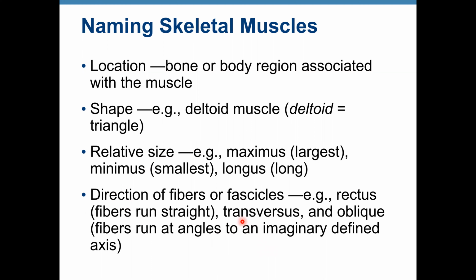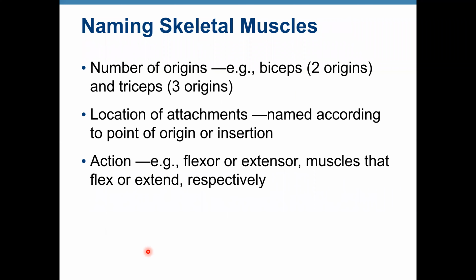Here you can see we use two characteristics: transversus, horizontal, and abdominis, that is location. Oblique muscles, fibers run at angles to an imaginary defined axis, right? So that is direction of fibers. We can use number of origins: biceps, two heads, triceps, biceps brachii, triceps brachii.